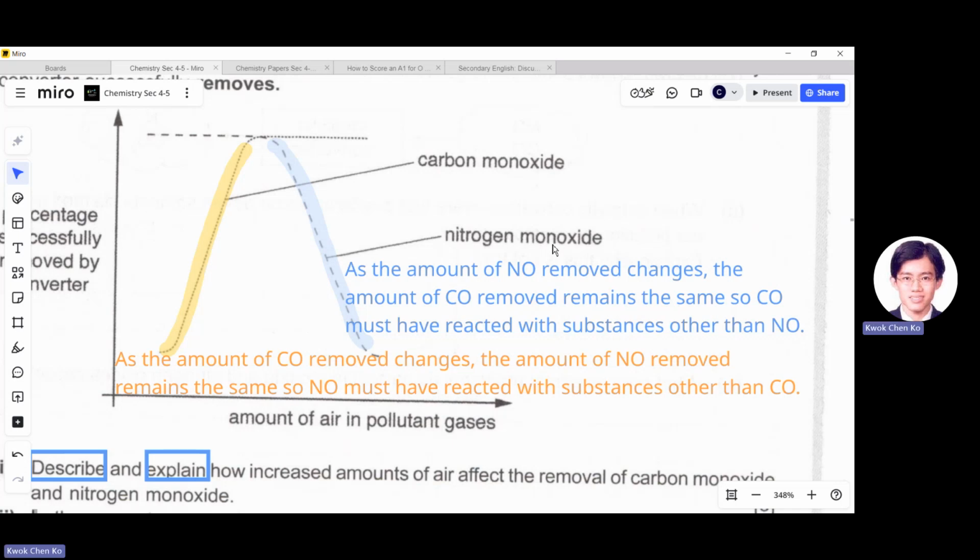Okay, but think about this way of reading a graph. Even though this exact question may not come up again, you may have similar graph questions.